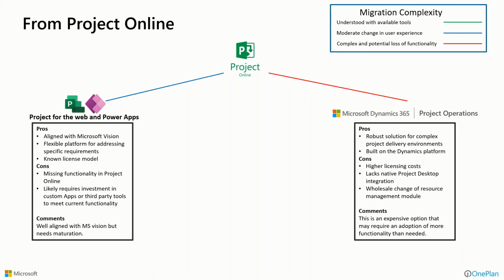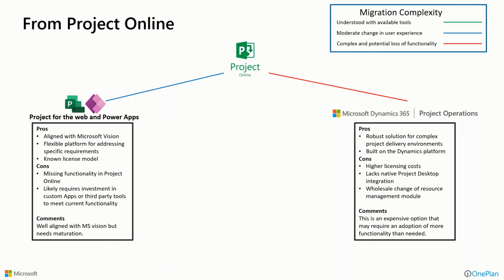You could go to the Project for the Web and Power App solution with the Accelerator that we're talking about today. Microsoft in Dynamics does have an offering called Project Operations that it launched, and it's a bit of a different animal. For traditional PPM folks that want the traditional project and portfolio management capabilities, Project for the Web and Power Apps begins to address that.